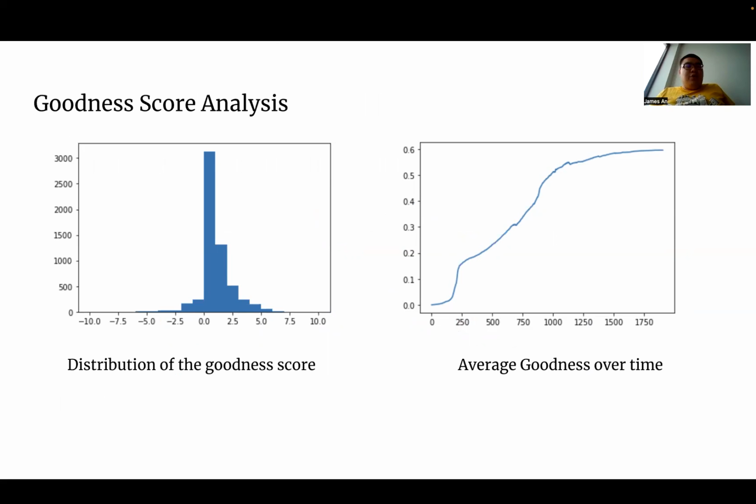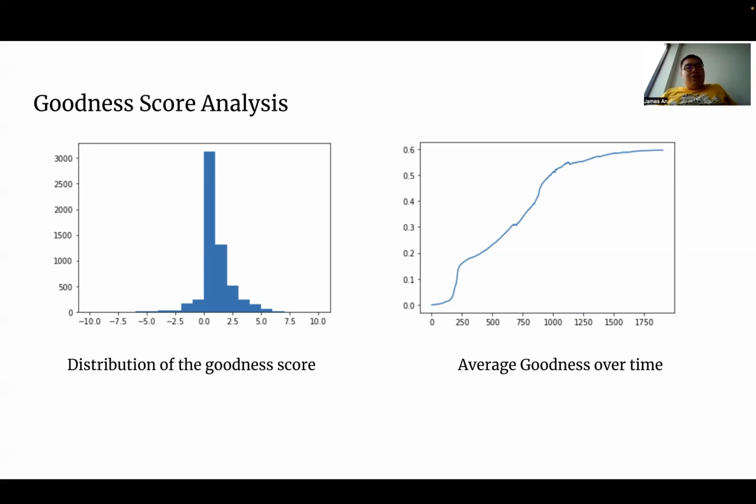But here, I just want to reconstruct it to the original scale purely for visualization purposes. As you can see, most of the users are considered relatively good, or at least unknown in this case, with very few users considered bad, but also very few users exceeding the 10 scale, which we think is normal.